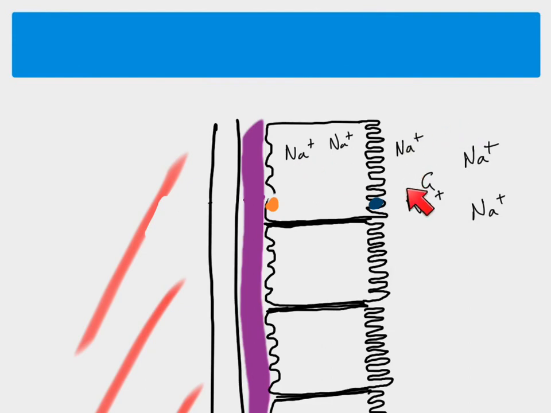We have a higher concentration in our filtrate and a lower concentration in our PCT cell. So what this is here, this is a co-transporter. So this is a protein in the membrane, and again there will be lots of them all the way along here, all along the microvilli. This co-transporter transports sodium passively, so it's just going down its concentration gradient.